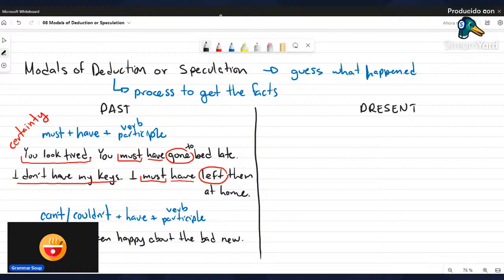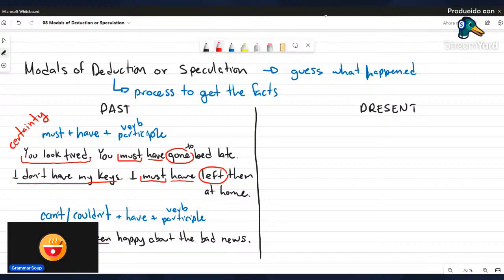She lost the scholarship, right? So that's why she's not happy. You know that that event is not really positive, and that's why you say she can't have been happy, right? Usually, people don't get happy when they receive bad news, right? That's your evidence, in other words. So she can't have been happy. As you can see here, my structure will be can't, and then we have the auxiliary have, and finally we use the participle been.